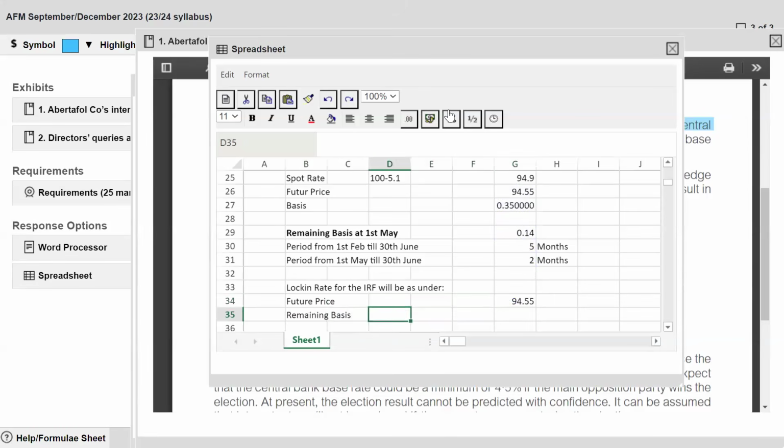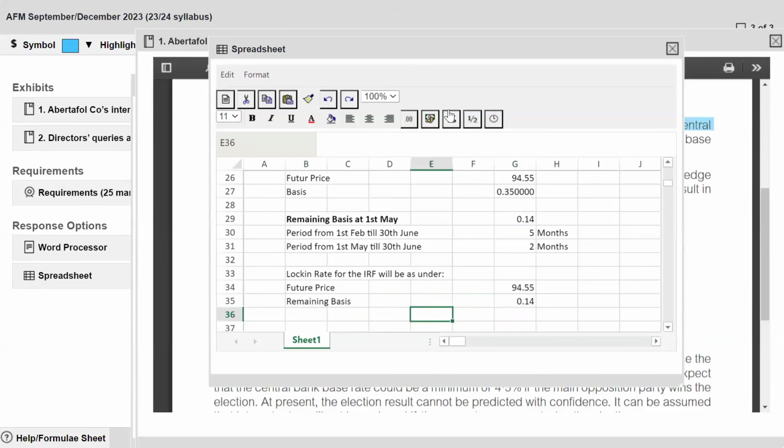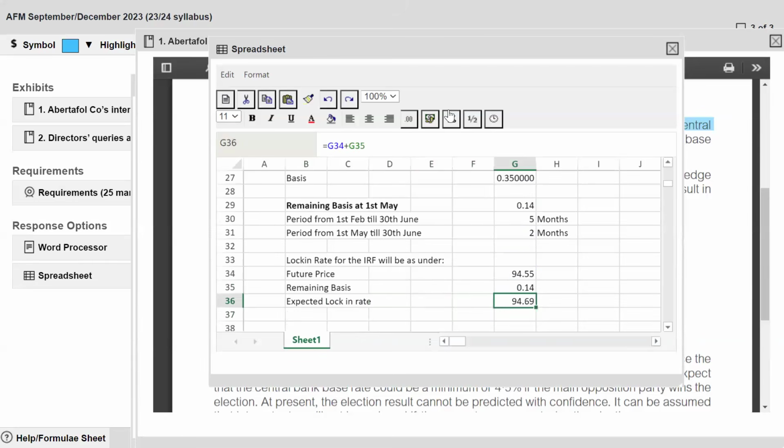Remaining basis is 0.14. The expected lock-in rate is this plus this, which gives you 94.69%.